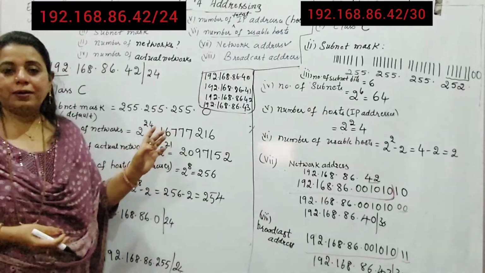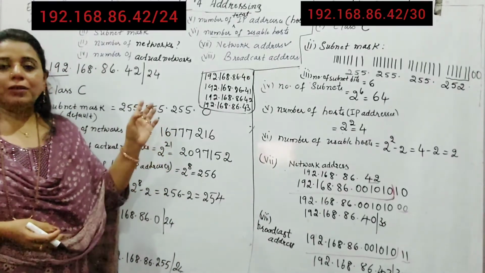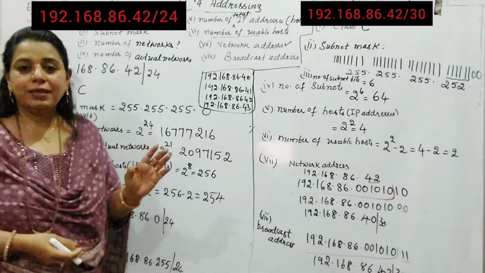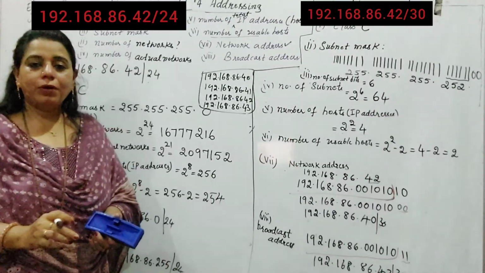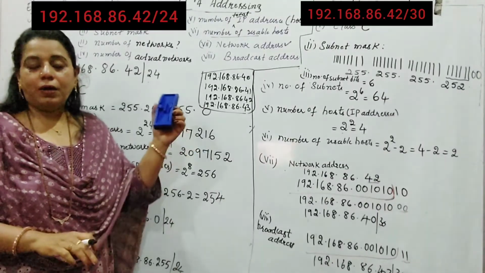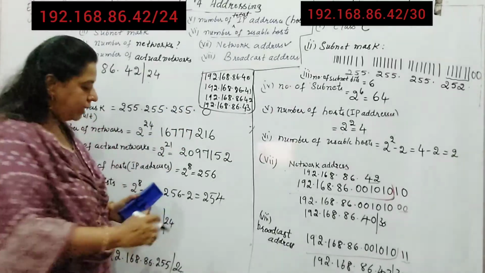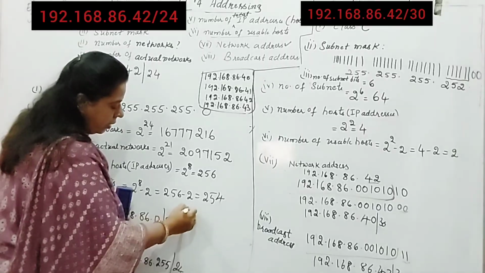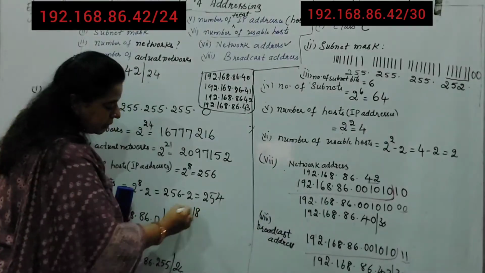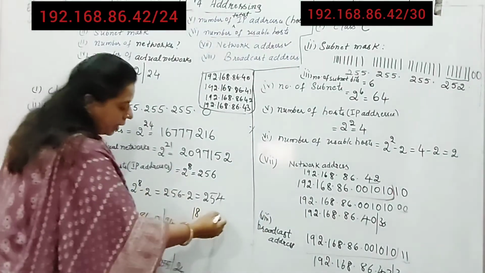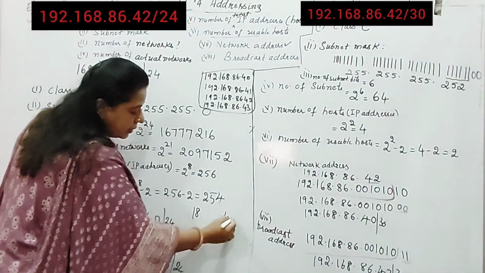So hope now things are very clear, because this is what I wanted to plan in this session: to cover all possible types of examples so that you'll be able to solve them confidently. First I gave an IP address of class A with default subnet mask /8. Then immediately one more example with /10.